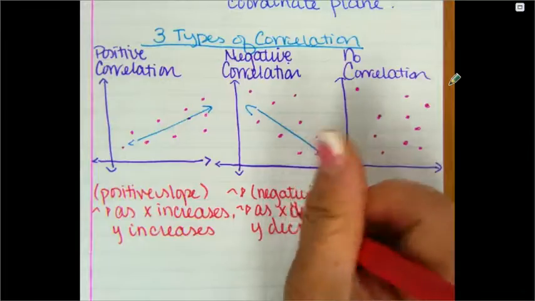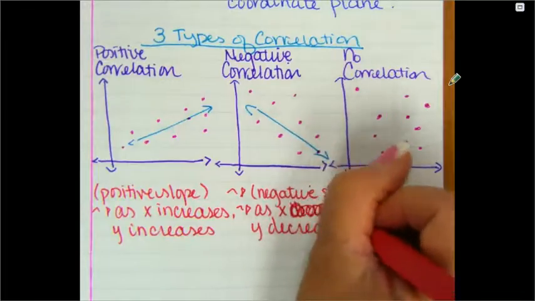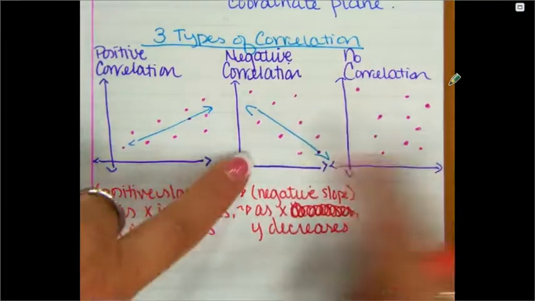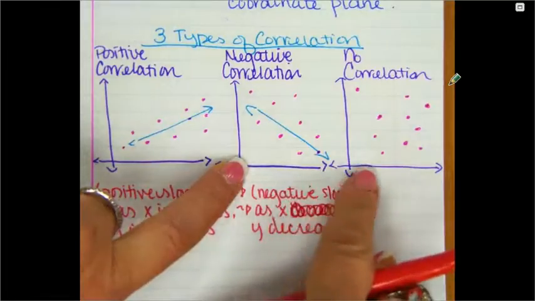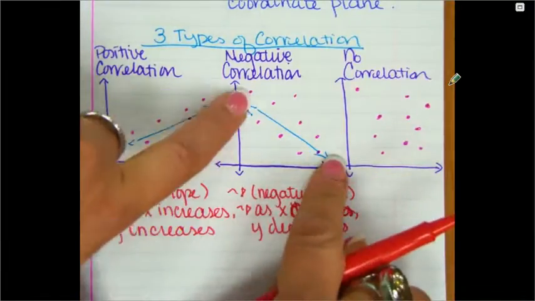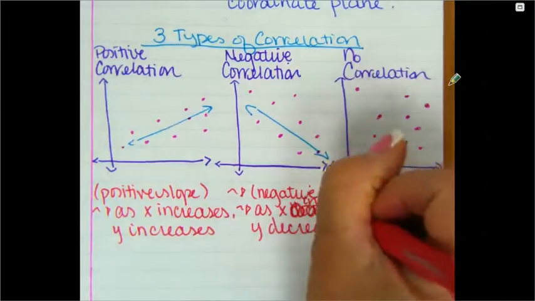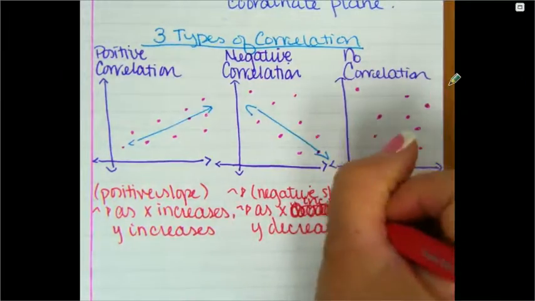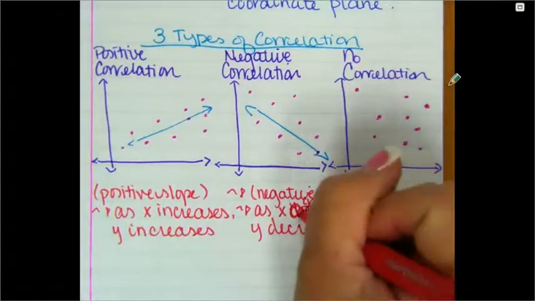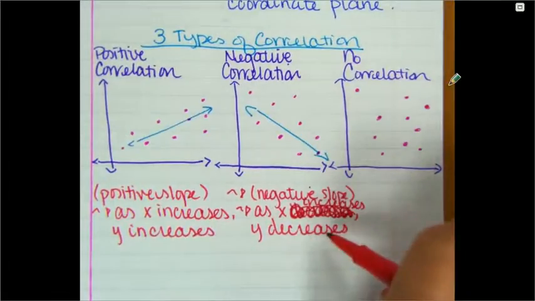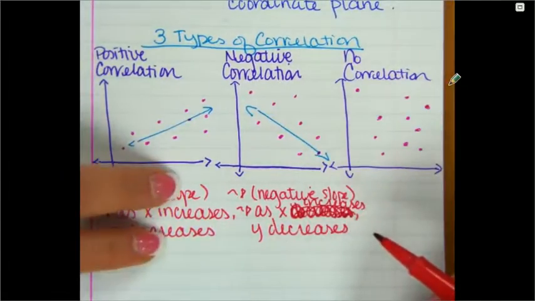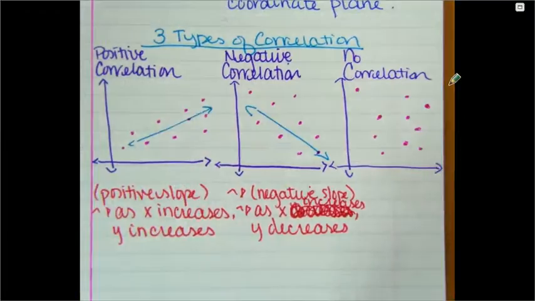Is x decreasing though? What's x doing? It's increasing. X is still increasing, but your y is decreasing. So as x increases, y decreases. So this one's exactly the same, this one is like opposite.